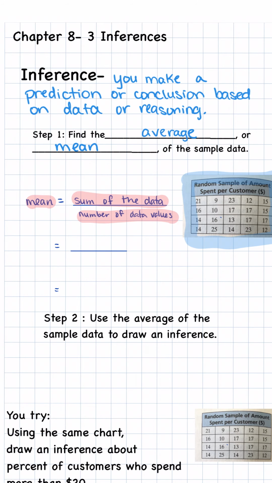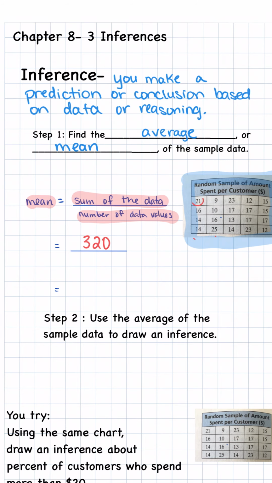So that means that we are going to add up the sum of the data, add up all of these numbers, every single one, and then you're going to divide by the number of numbers we have. So if we were to add all these numbers up, use your calculator, you get 320.